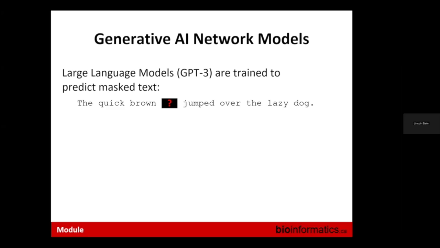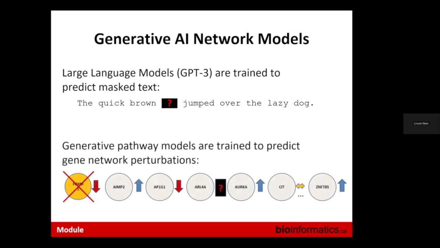So the way these models are trained is you take all the text from the internet, you break it into chunks, you randomly mask out a word inside the text, and then you train the system with the masked text and the unmasked text to predict what was under the black bar. And somehow magically it learns all the relationships among words in all the languages of the world and can start generating what sounds like intelligent text.